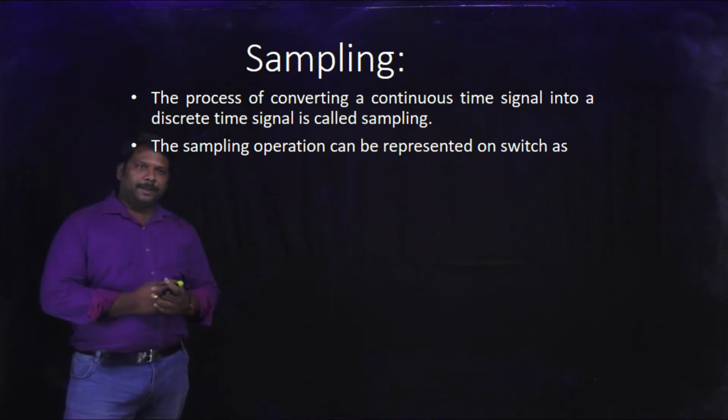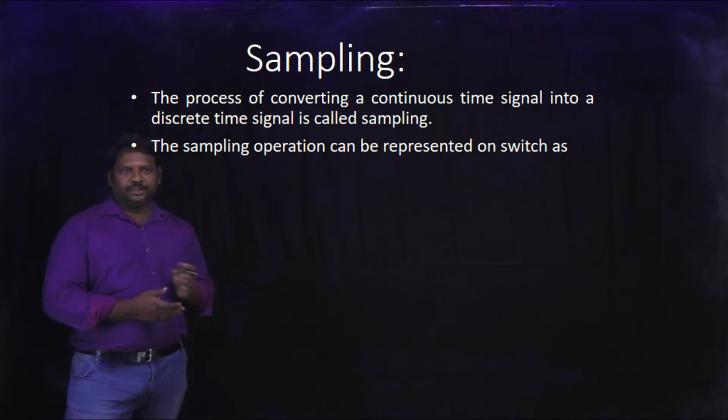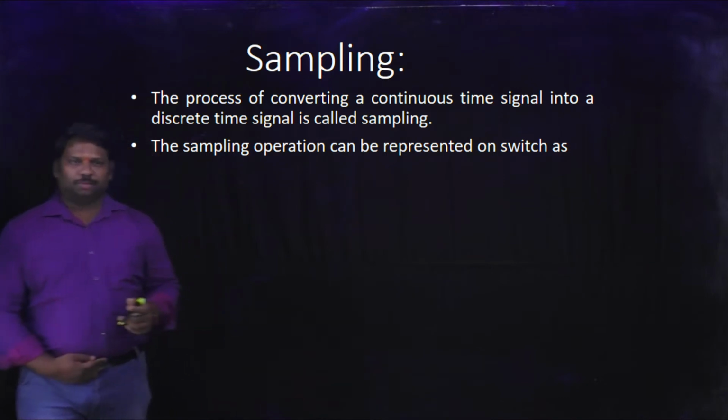Basically, this sampling process can be done by using a switch connection, that is, a mechanical switch or an electronic switch. Practically, we'll use the electronic switch, but let us consider it in the form of a switch operation.